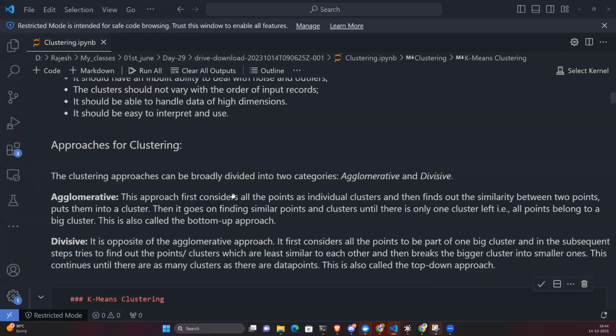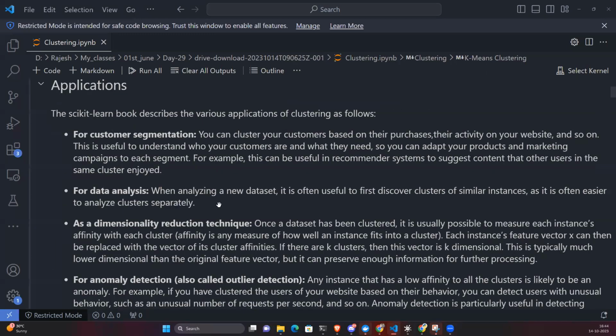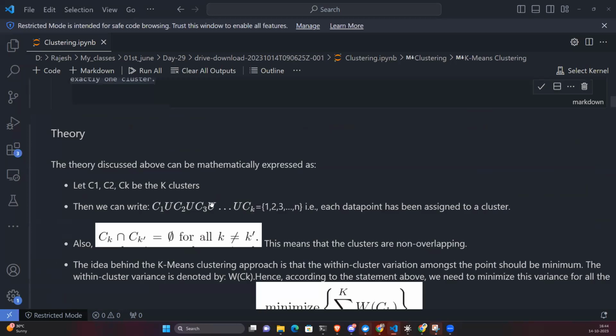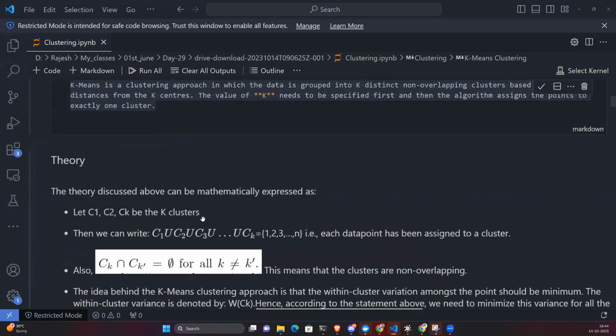Everything we have discussed is written here, so no need to worry. And I'm going to derive the theoretical concept about the k-mean cluster.